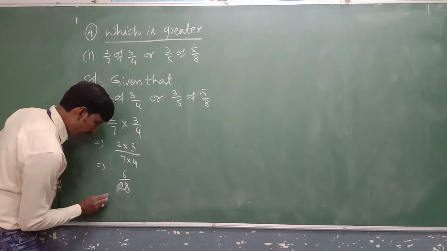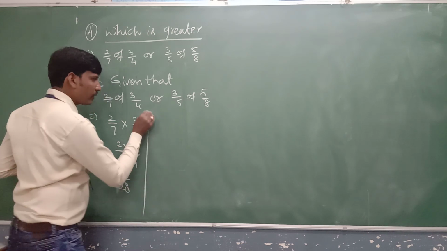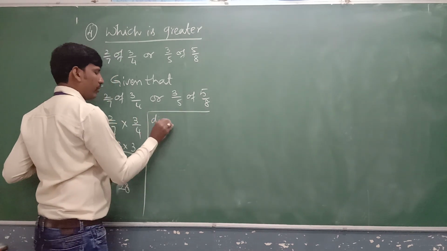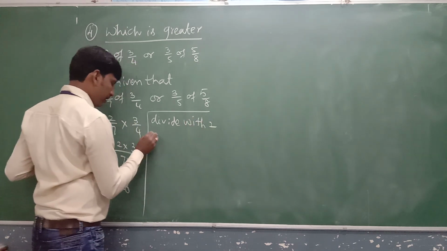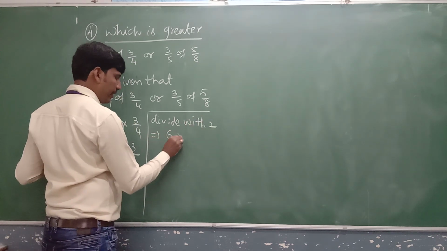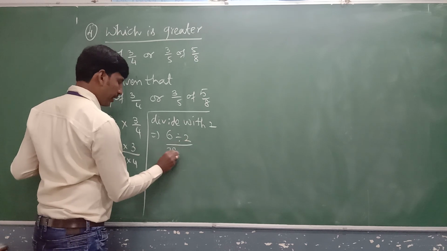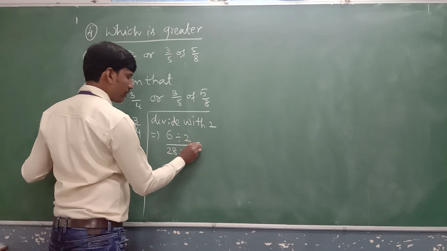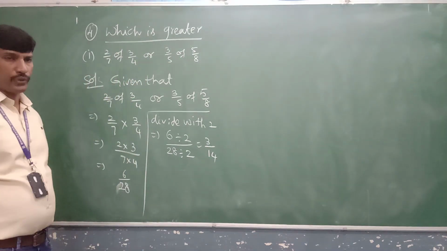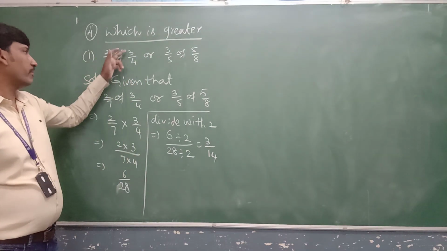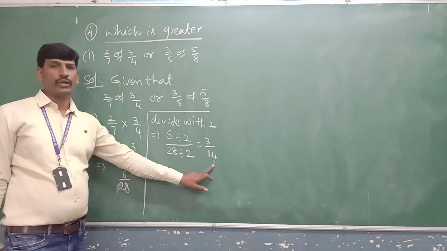Dividing with 2 in the numerator as well as the denominator, you will get 6 divided by 2 by 28 divided by 2, which is equal to 3 by 14. So 2 by 7 of 3 by 4 is equal to 3 by 14, we got.